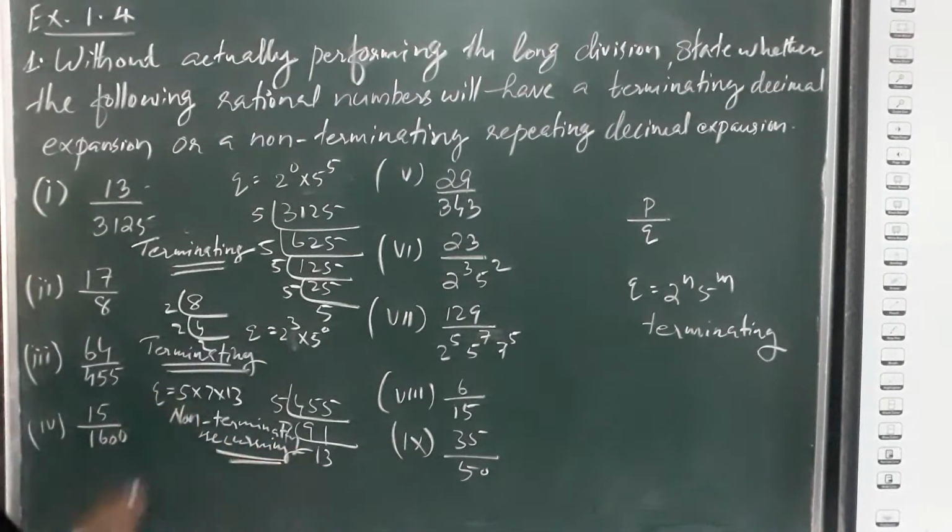Non-terminating and recurring. Here, the fourth one, 15 by 1600.